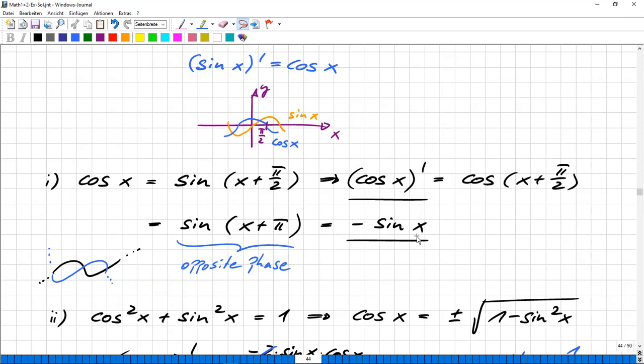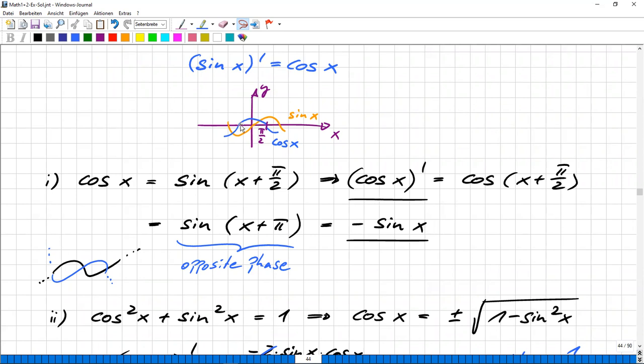So that's some geometric considerations behind. Look at this. It's roughly the situation shifting by half a period. You get sort of a vertical reflection on the x-axis. So we call it opposite phase. In the end, it's a negative sine of x.